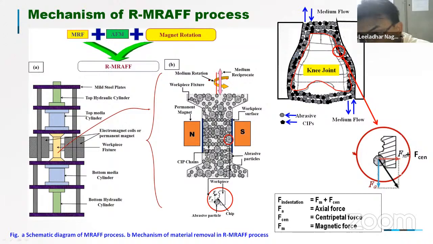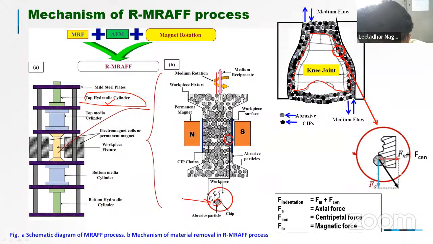Two forces will be acting there. The normal force will be acting on the workpiece, and at the same time the abrasive will be rubbing on the workpiece, and we have the axial motion of this fluid with the help of this hydraulic cylinder.